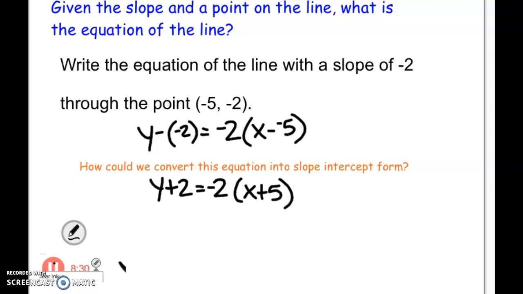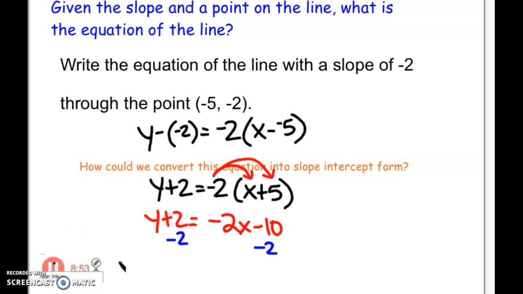The first step, if we're trying to get it into slope intercept form, is to distribute the slope in, to both terms. And then to get the y alone, we would subtract 2 from both sides here.